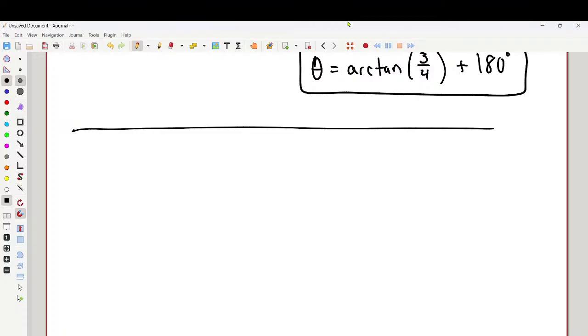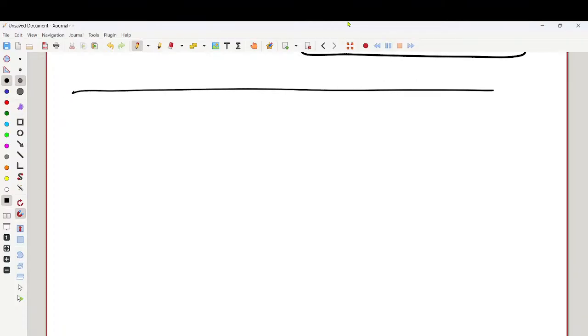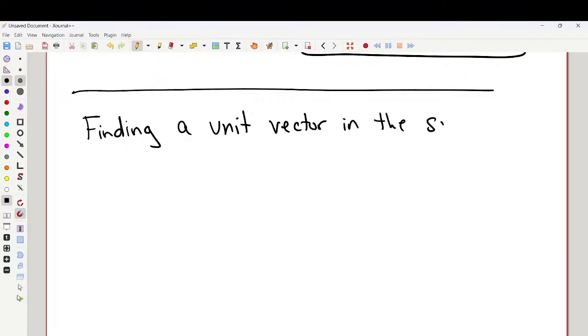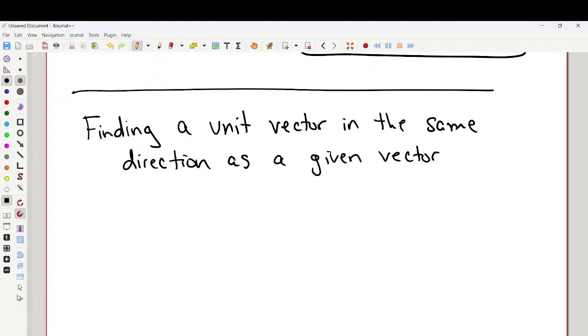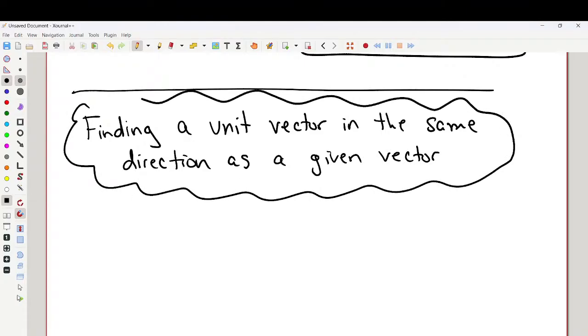Scalar multiplication, properties, unit vector. Not much more.